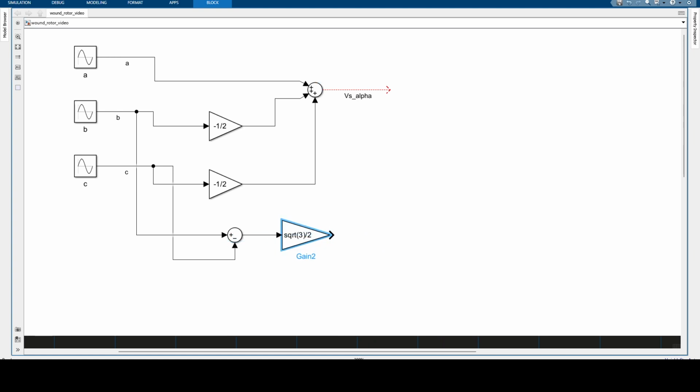So like this we get our Clarke transform, and here we have our Vs beta.